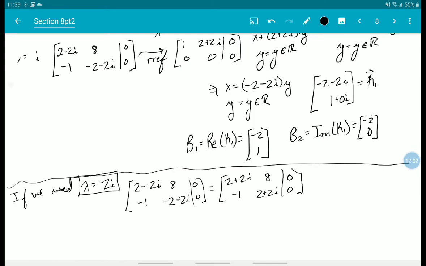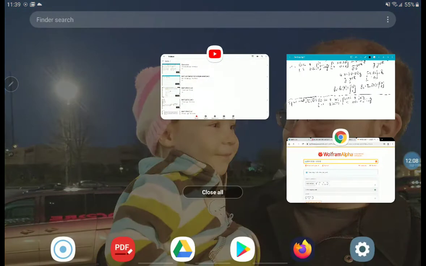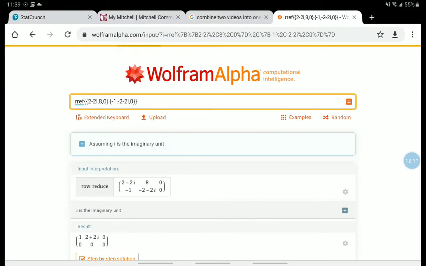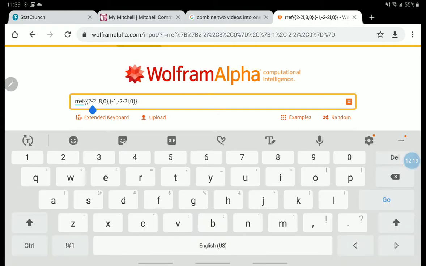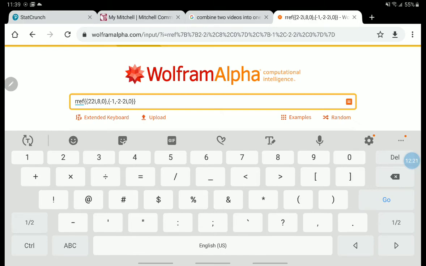So let's do RREF on this so you can see that relationship come out of the problem. So we need to change this entry to a plus 2i and this entry to a plus 2i. Equals.